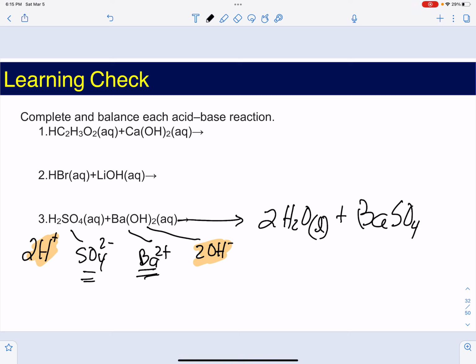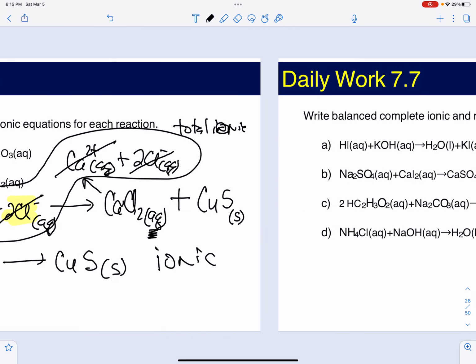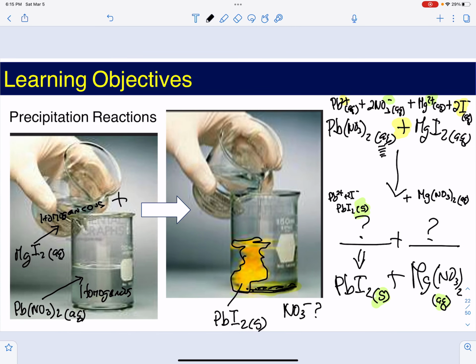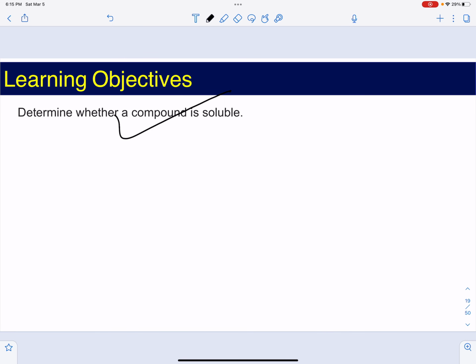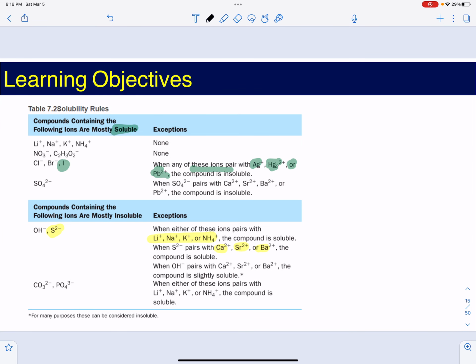And barium sulfate, I don't remember what barium sulfate is, so I have to use the table for that one. I always forget my sulfates. So let me go to the table here quick, sorry. My sulfates are always soluble, except when we have barium, which is one of the exceptions.